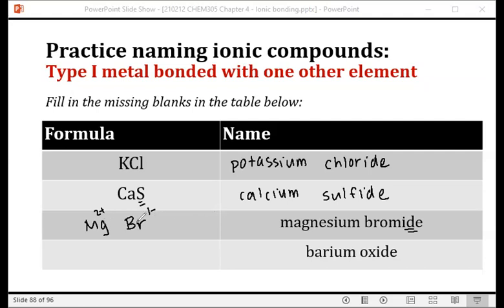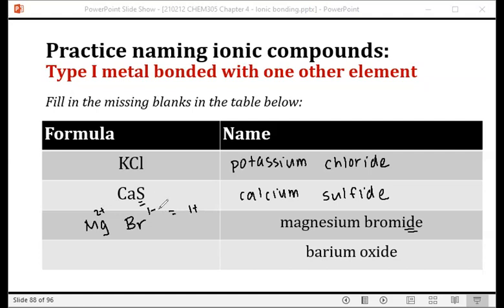So now to make sure that we write the formula correctly, we have to make sure that overall our ionic compound has a charge of 0, or is charge neutral overall. So since our magnesium has a charge of 2+, and our bromine has a charge of 1-, if we added up these charges right now, we'd get an overall charge of 1+.